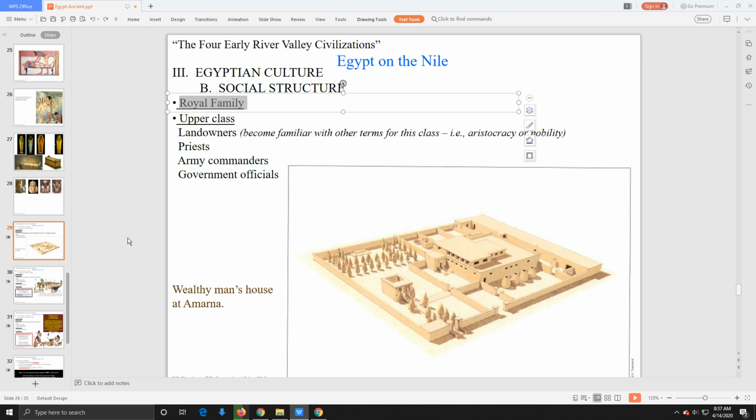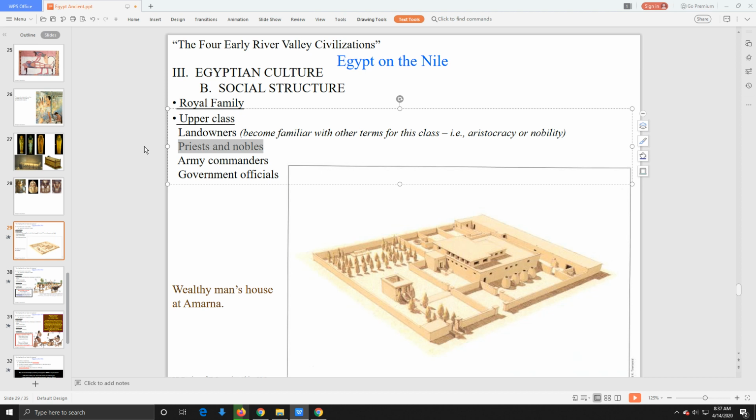Below the royal family, you're going to have our priests and nobles. So on the next line down, write down priests and nobles for number two.